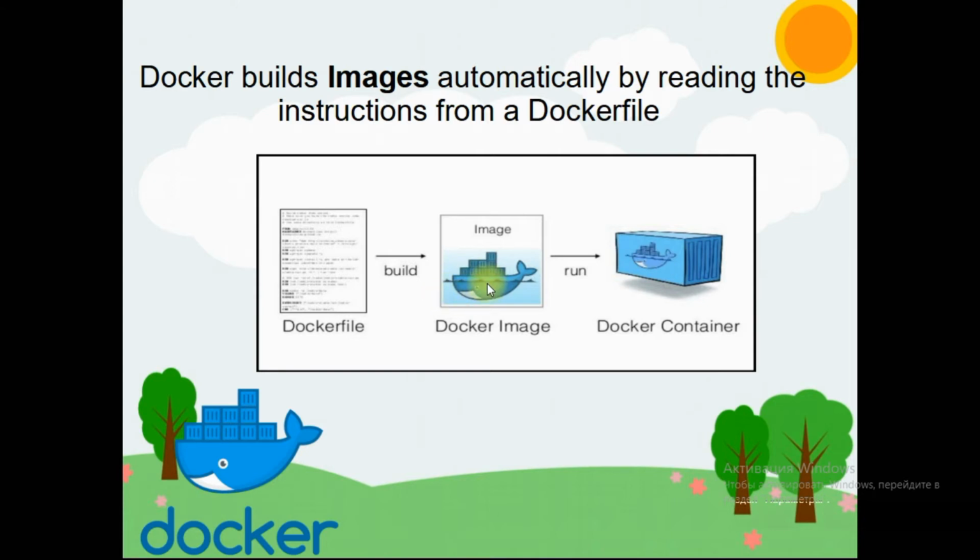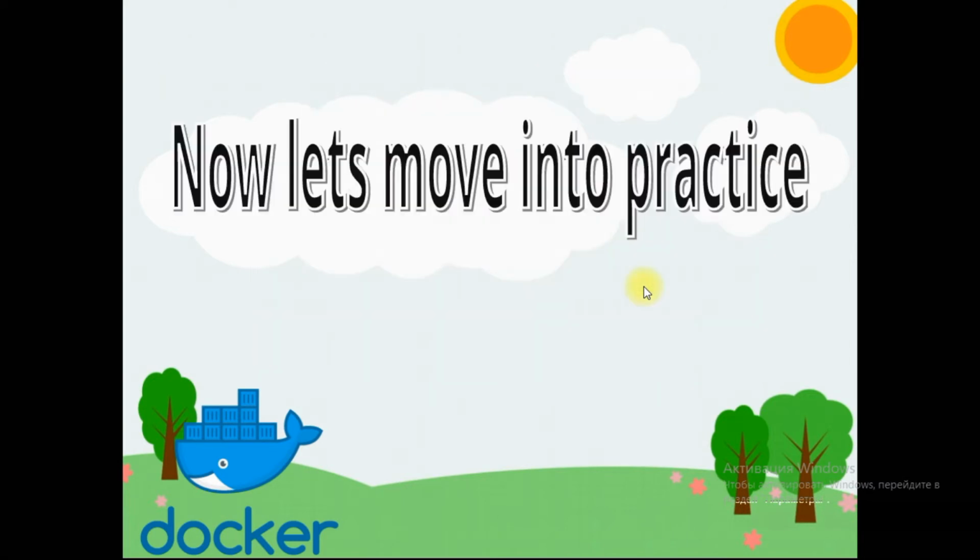Then after the image is ready, we run this image, and we receive a container with all the instructions and everything that we want to have inside it. Now let's move into the practice and start implementing this knowledge and creating the Dockerfile.